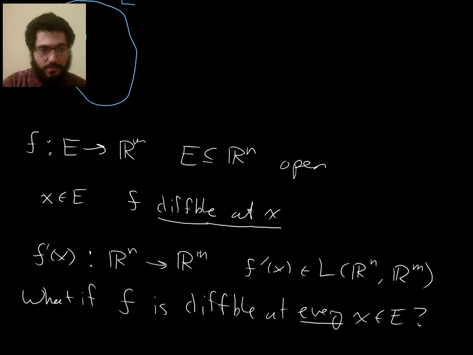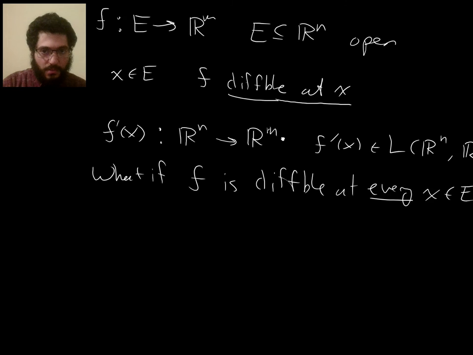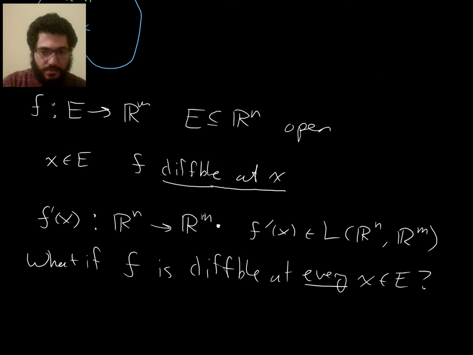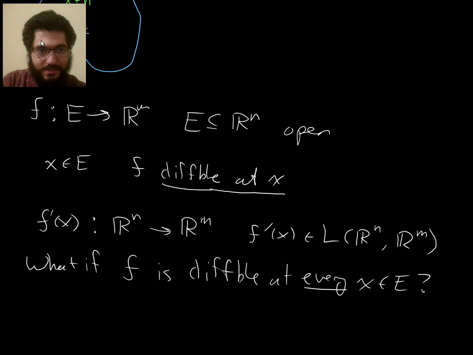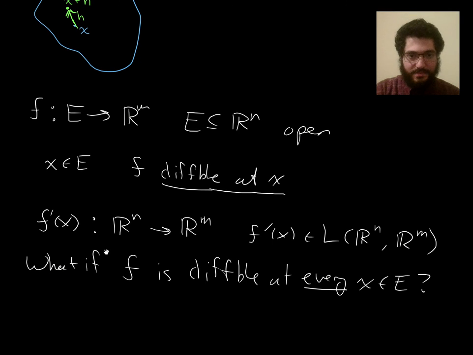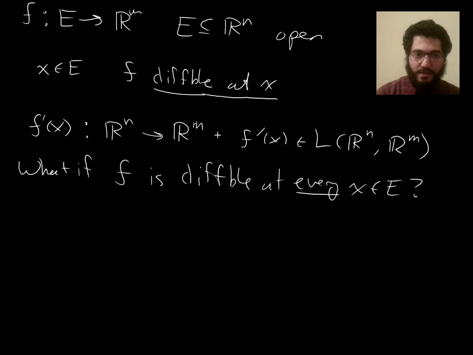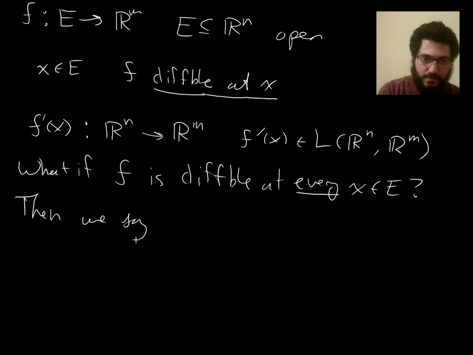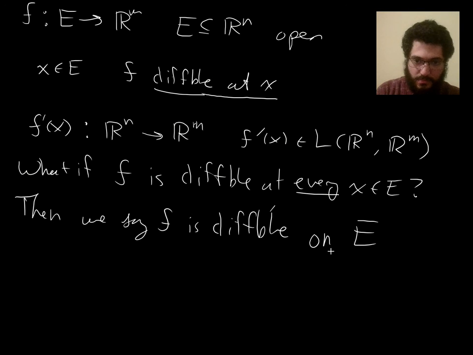Well then we say f is differentiable on E. This is, again, part of definition 9.11, which I think I never actually stated. But that's what it means to say f is differentiable on a set. It's differentiable at every point of the set.